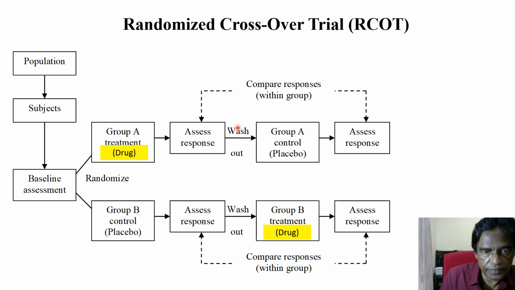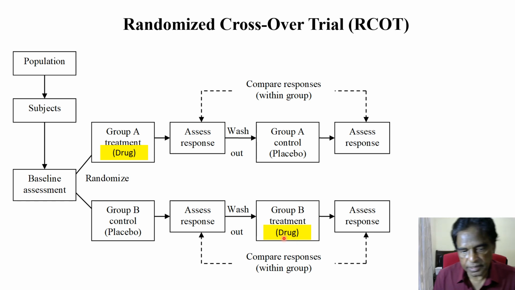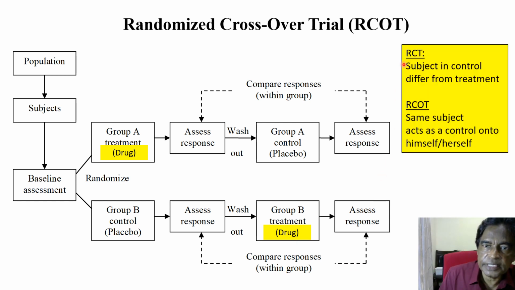After the first phase of the study, we cross the A group over to placebo, and the B group, which was on placebo, over to the drug. In an RCT, the subjects in the control differ from those in treatment. If I stop here, it's an RCT. This is a treatment, this is a control. Whereas in a crossover trial, he or she becomes the control onto himself or herself. Same thing here.